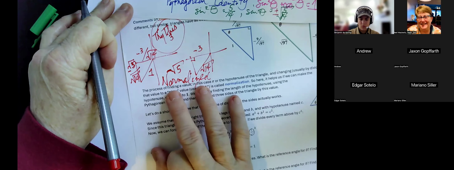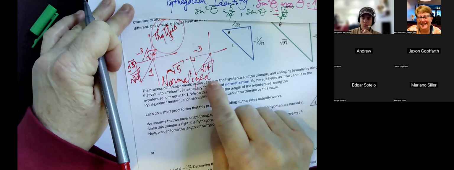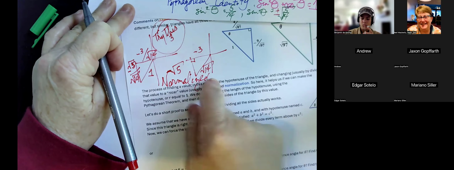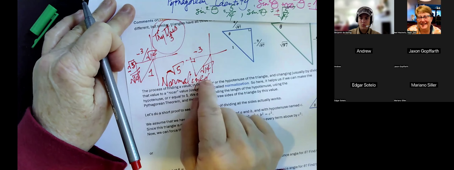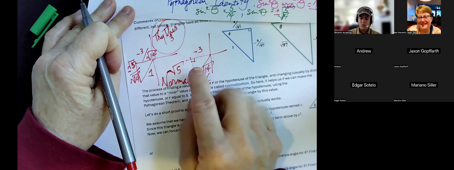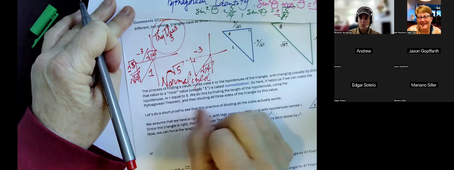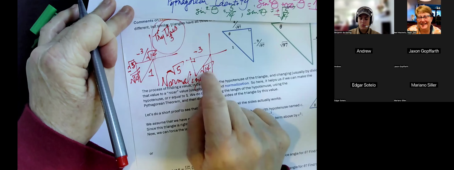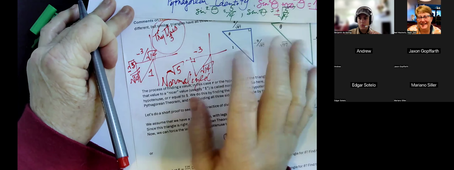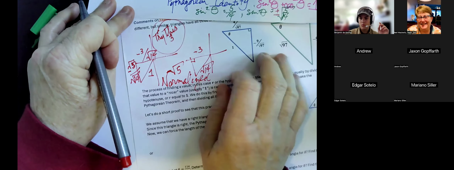Okay, so the normalization idea is to take something that is standard and make it more standard. So we know the right triangle definitions of all the trig functions. But we also know that when the hypotenuse is 1, those trig definitions are simpler.